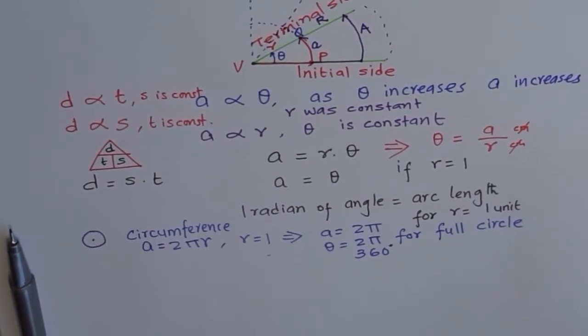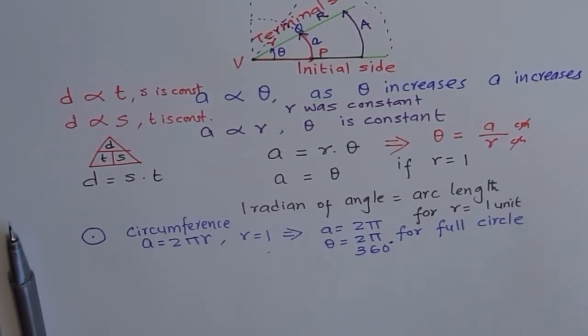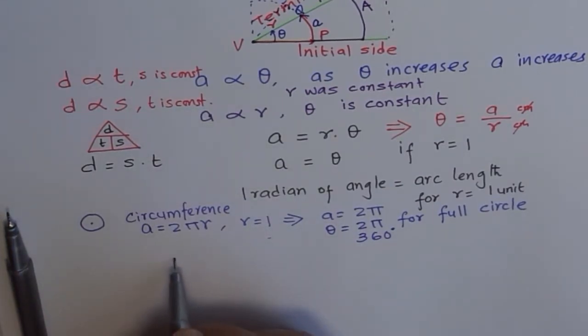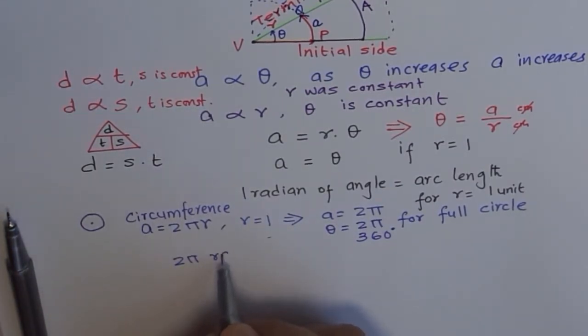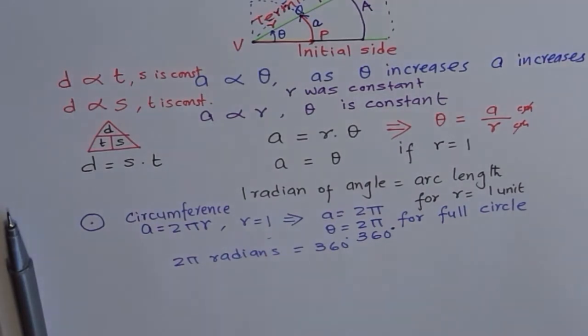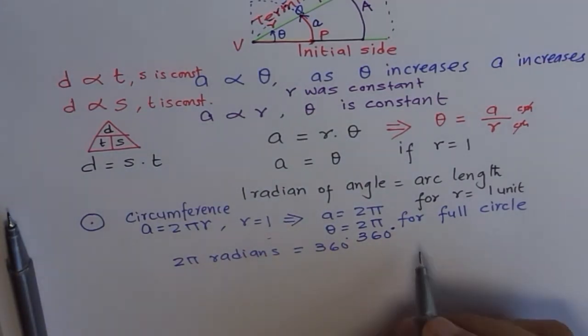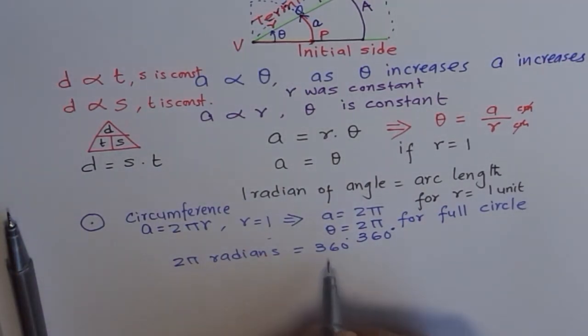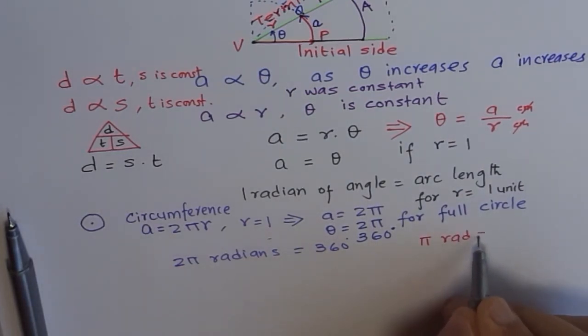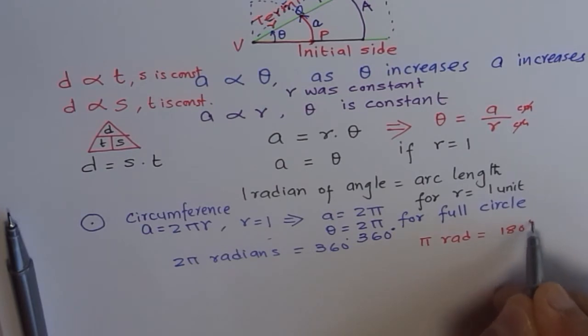So from here, we also get one more important relation, and that is 2 pi radians equals 360 degrees. Or what is pi radians equal to? We can divide both by 2, and we say pi radians equals 180 degrees.